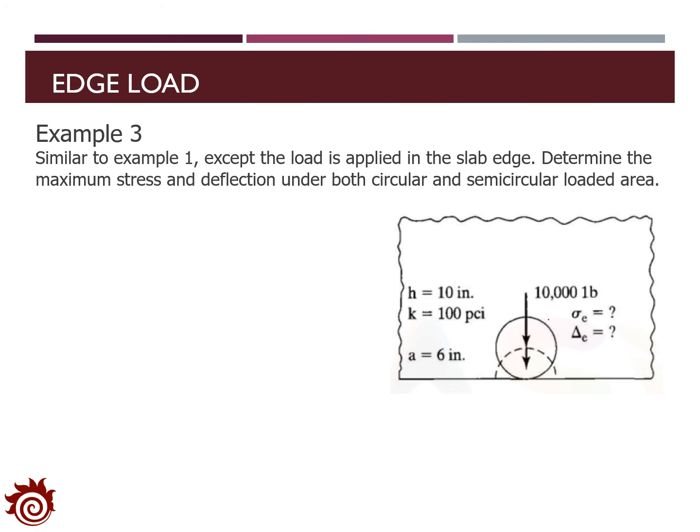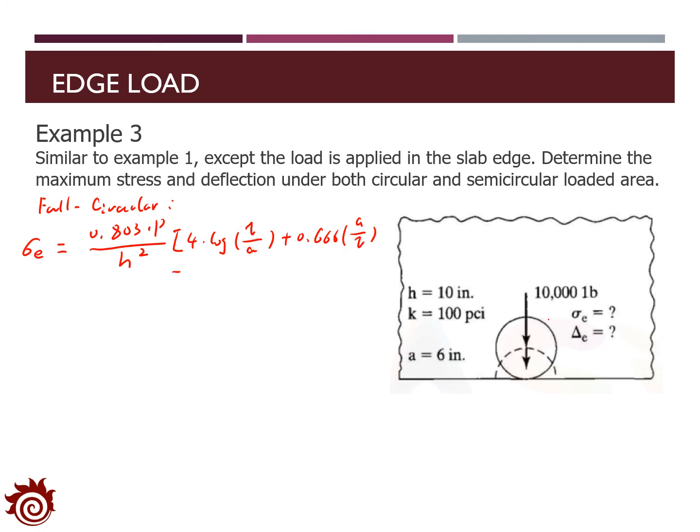First, for the full circular situation, we want to identify the maximum stress, that is sigma E equal to 0.803 times P divided by H squared times 4 times log L divided by A plus 0.666 times A over L minus 0.034.